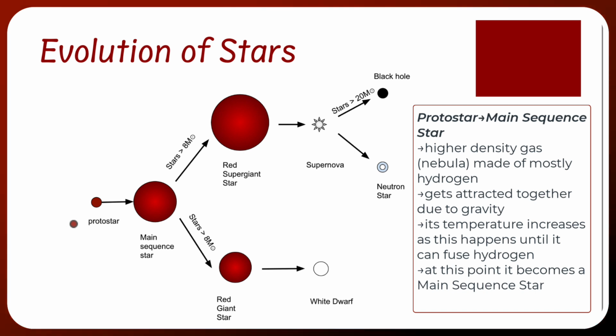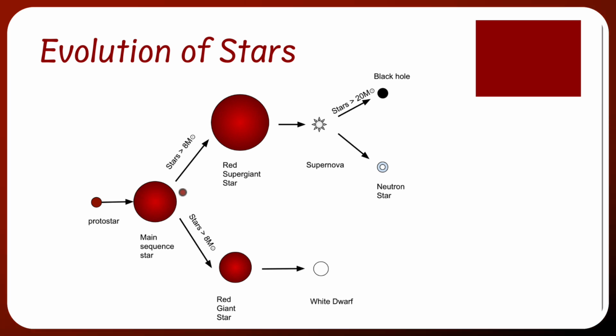Because masses attract. What it does is bring them closer together, and this eventually will start increasing the temperature as well. And at some point, it's going to get hot enough for our proton-proton fusion, which is that hydrogen coming together to make helium. And once that starts to happen, we have our main sequence stars.